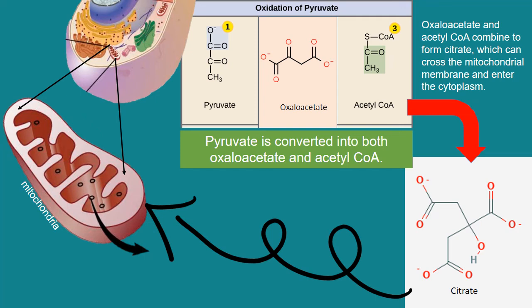Oxaloacetate and acetyl-CoA combine to form citrate, which can cross the mitochondrial membrane and enter the cytoplasm. In the cytoplasm, citrate is converted back into oxaloacetate and acetyl-CoA. Oxaloacetate is converted into malate and then into pyruvate. Pyruvate crosses back across the mitochondrial membrane to wait for the next cycle of lipogenesis. The acetyl-CoA is converted into malonyl-CoA that is used to synthesize fatty acids.